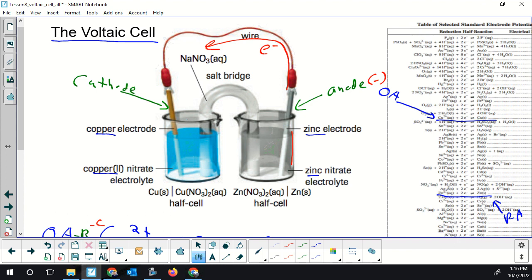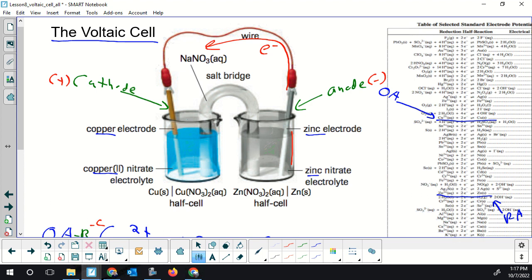But the negative terminal of the battery is where the electrons come from. The cathode is where they go to, and that's the positive terminal of a battery or a voltaic cell. Because the voltaic cells are really a form of battery. They're a very rigid definition of a battery, a special type of battery that has to have both sides of a half reaction.